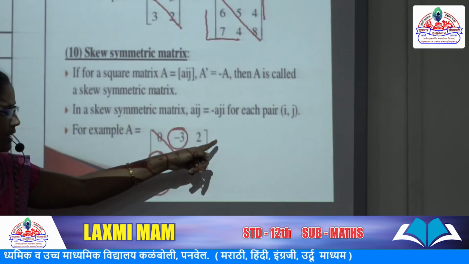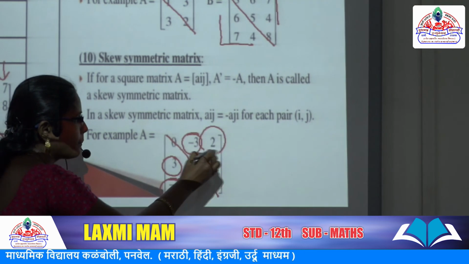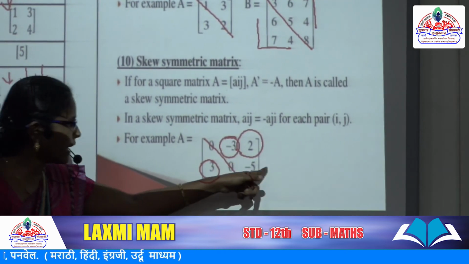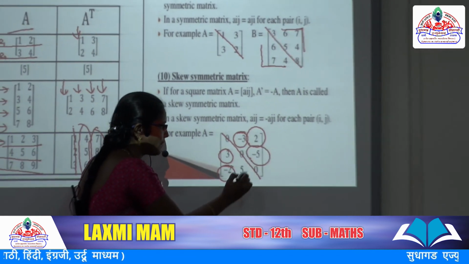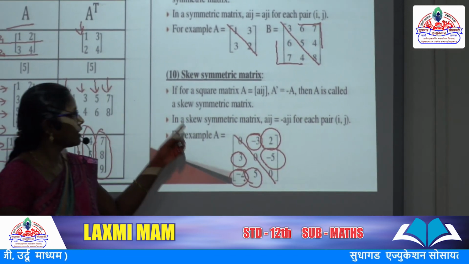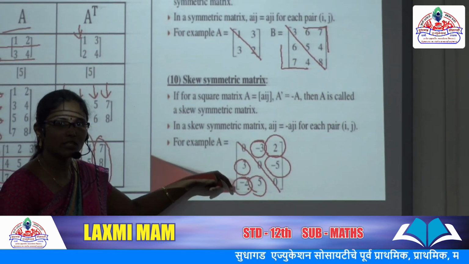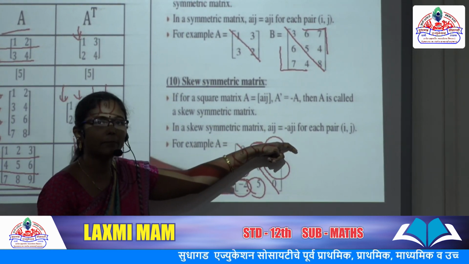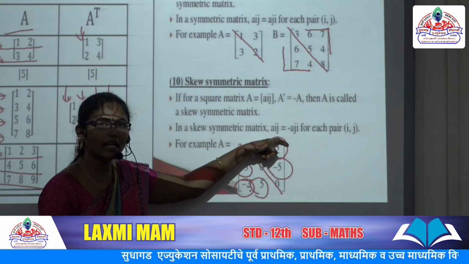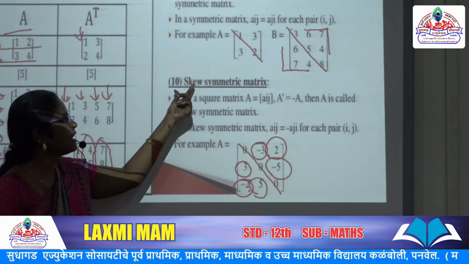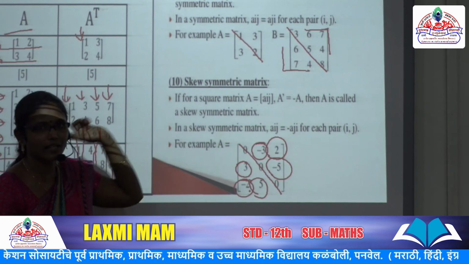Above the diagonal it is plus 2, okay. And 5, its negative is here, minus 5. So if the element below is positive then the element above will be negative. If the element above is positive then the element below is negative, then it is called a skew symmetric matrix. Is it clear?